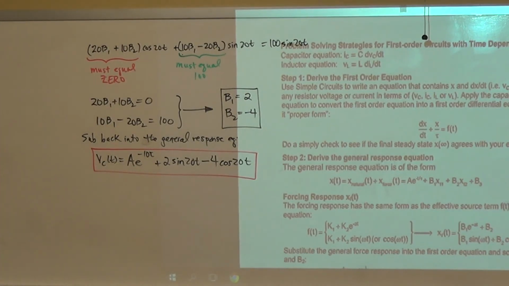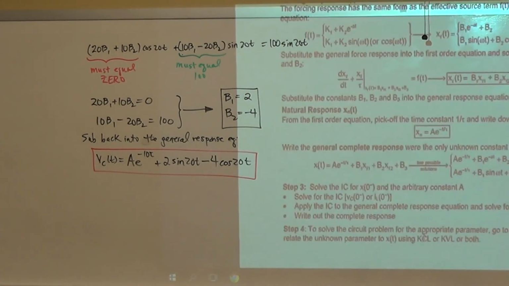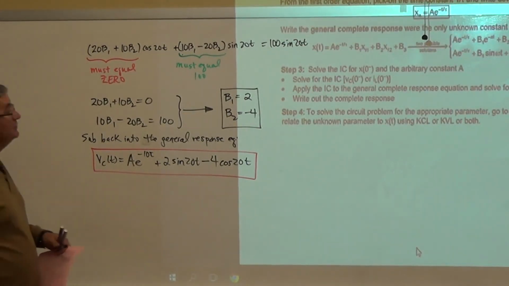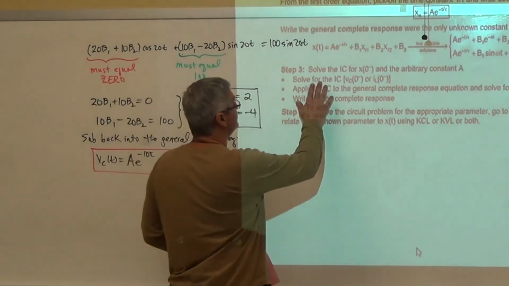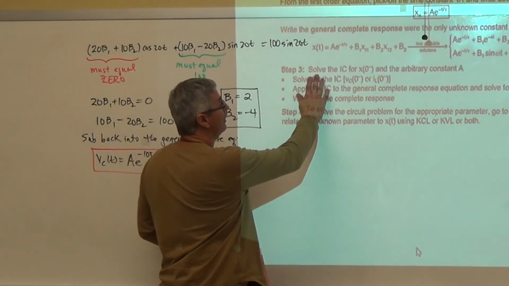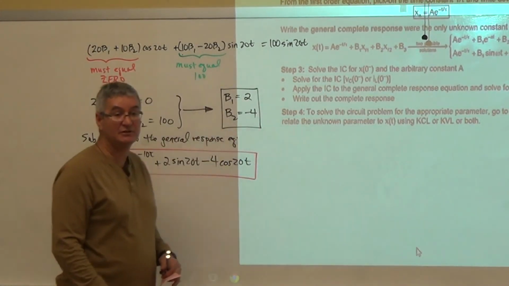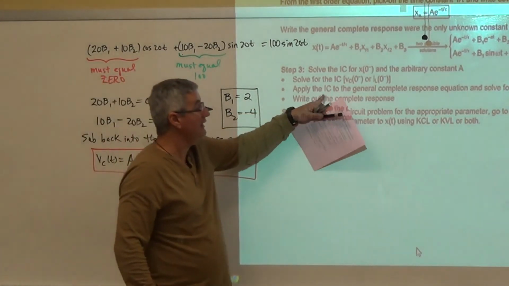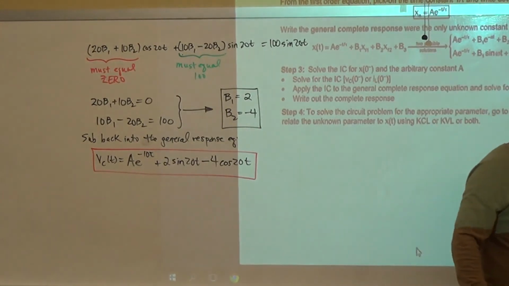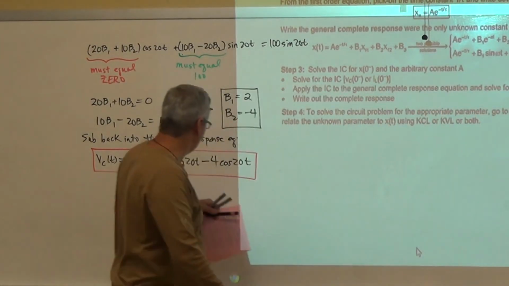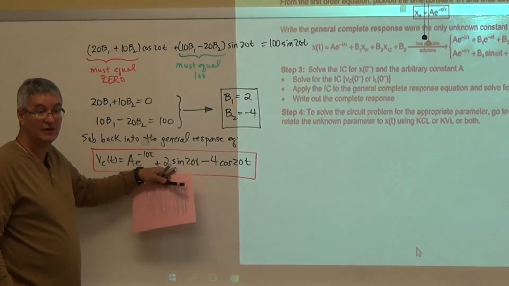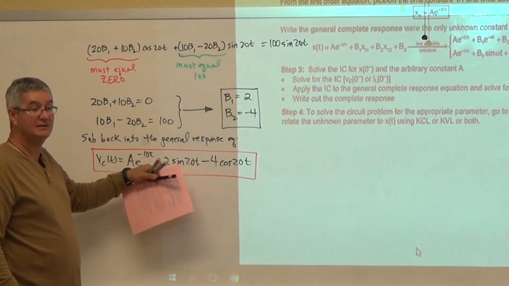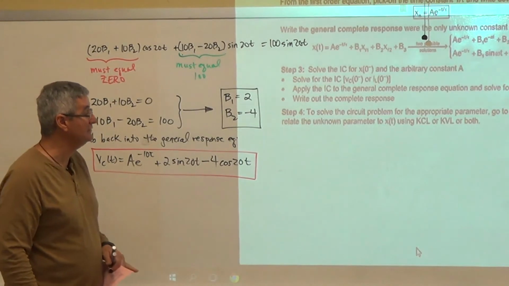So now where we're at. If I come all the way up, down here, and this process here, we're at step 3. So step 3 says that I have to do what? I have to solve for the initial condition for the capacitor, and then I apply my initial condition to this equation right here to get the constant A. I need this B1 and B2 to be in place here.